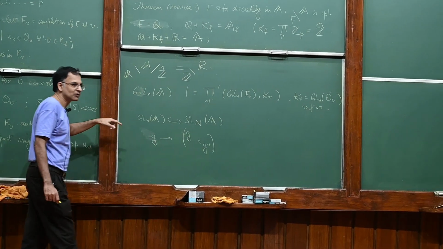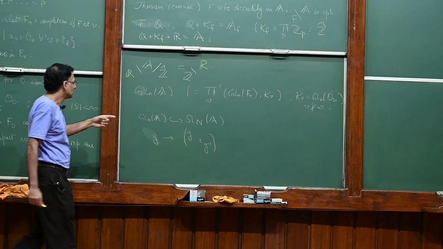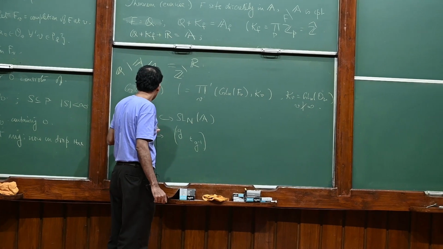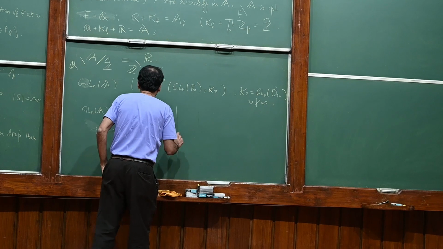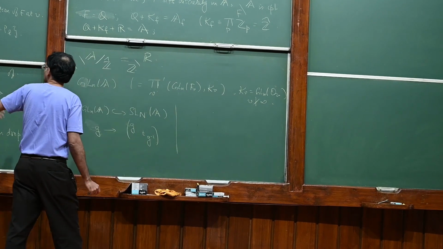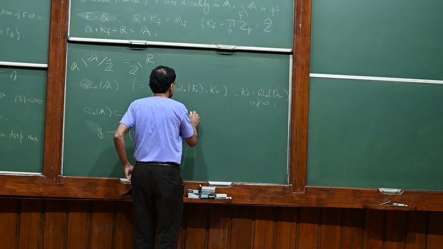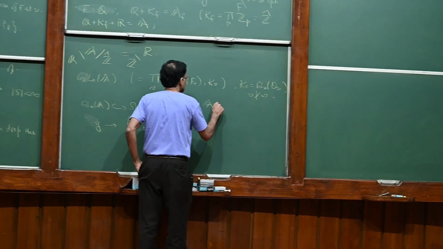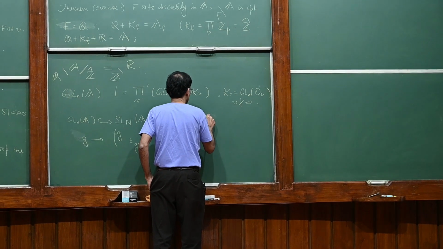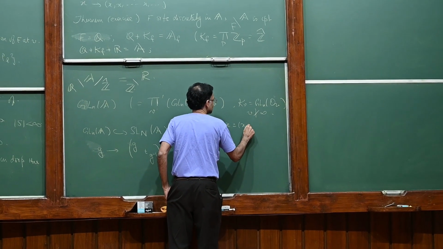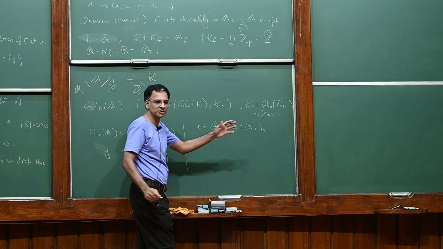Yeah. So anyway, this is how we're going to view GLn(A). It will be sitting inside this. And we have a natural, so first of all, on the adeles, we have a norm. So if x is in A, at each place, x is xv, it's an infinite tuple.